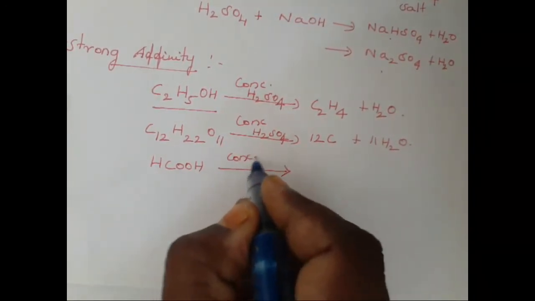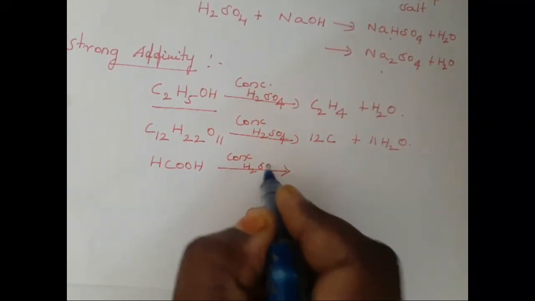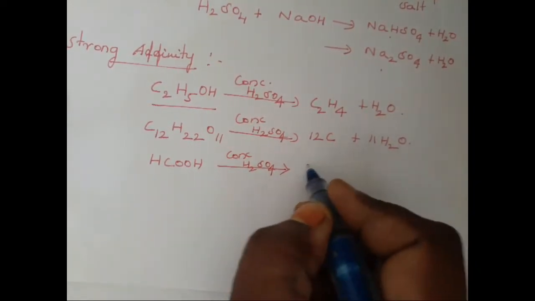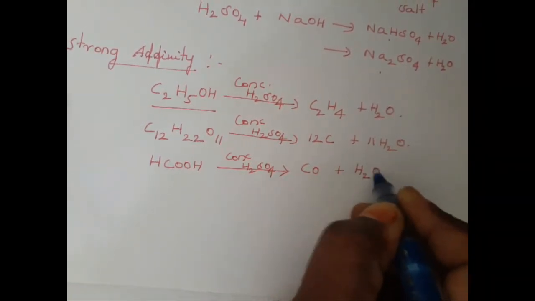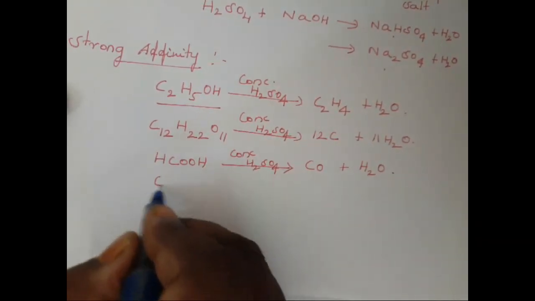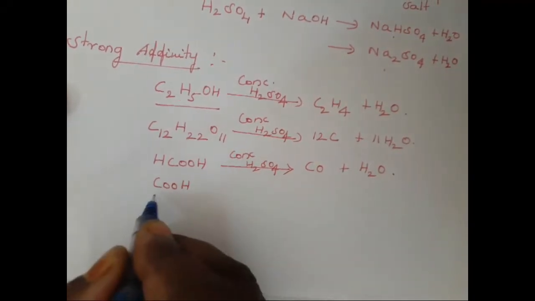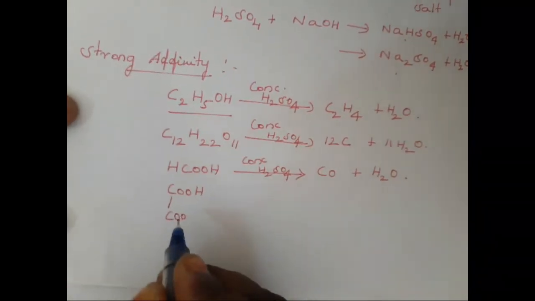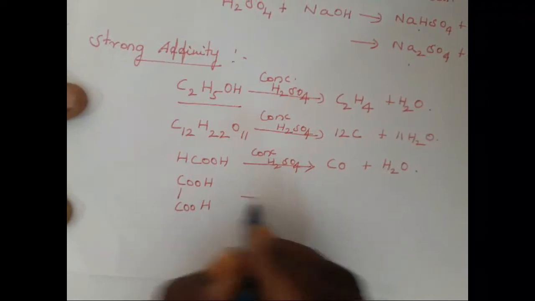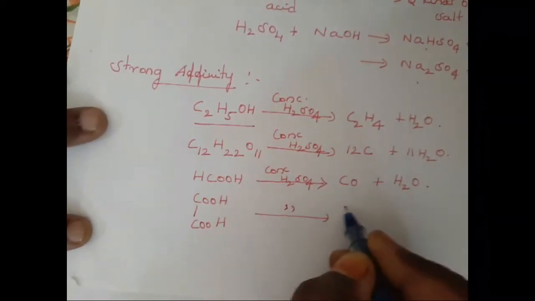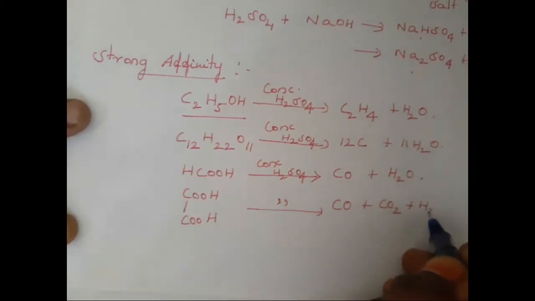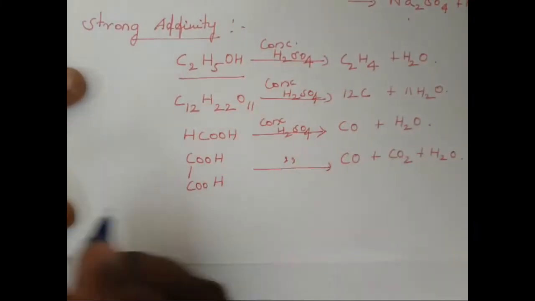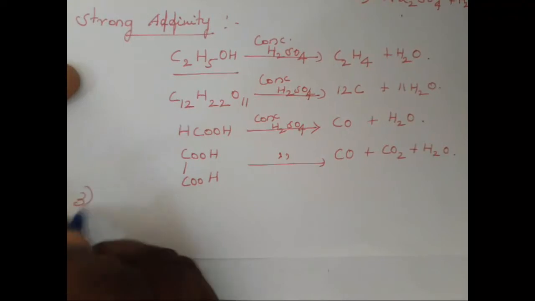When it is treated with concentrated sulfuric acid, it acts as a dehydrating agent. It removes the water molecule, and we get carbon monoxide and water. Same way, if you treat concentrated sulfuric acid with oxalic acid, you'll get carbon monoxide, carbon dioxide and water. Now let us see the next reaction.